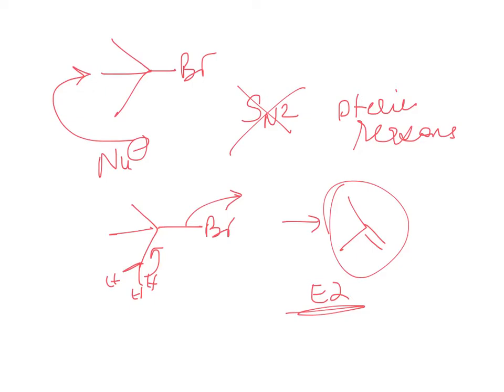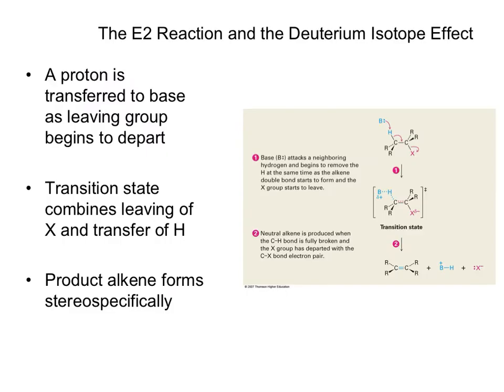E2 will require, mechanistically, a specific type of geometry, and that geometry is what is called anti-periplanar. And what I mean by that is the following.